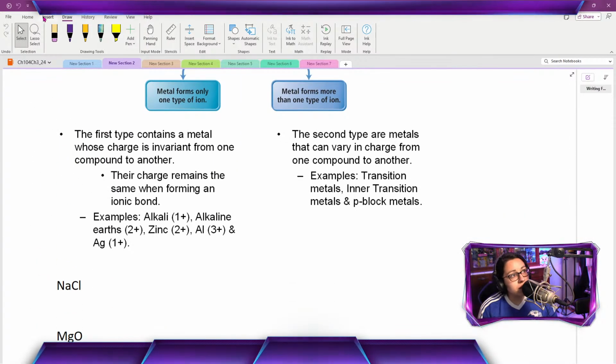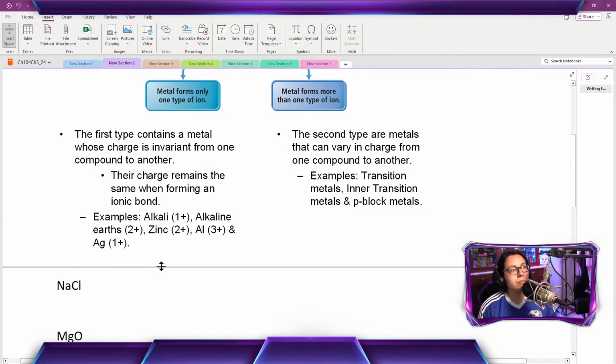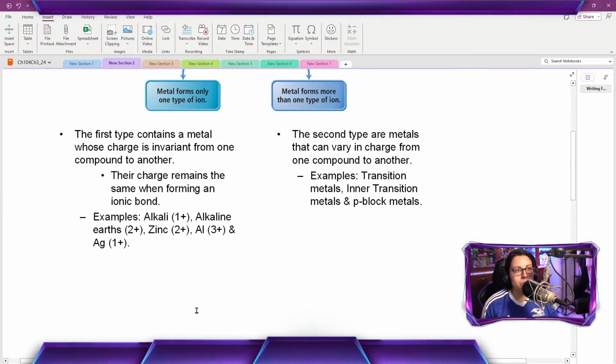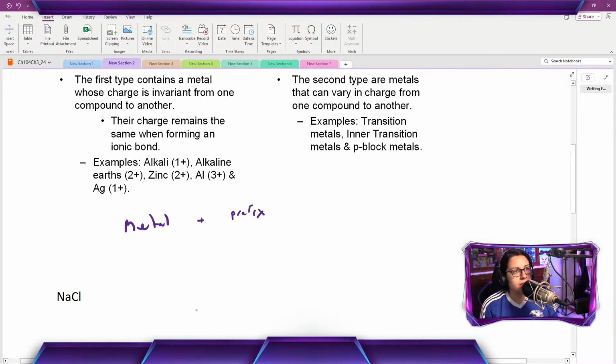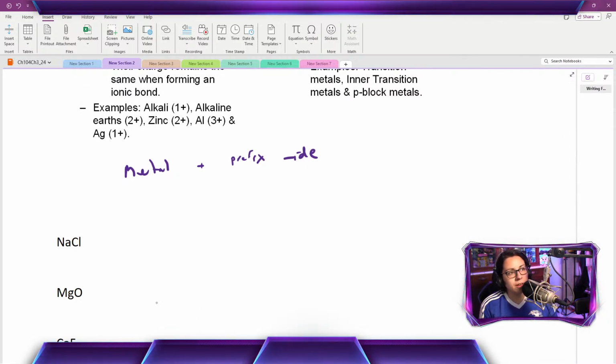And so to name them, for these simple ones, we just name our metal, and then our anion, but we change the ending to "ide." I shouldn't have put prefix.